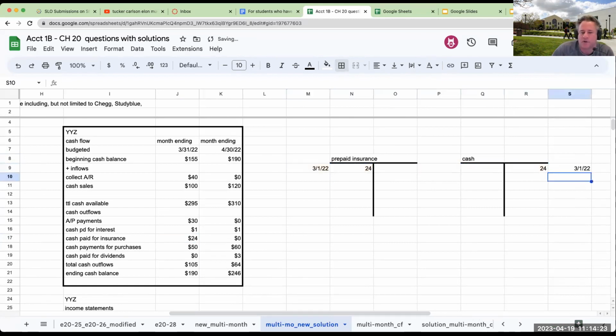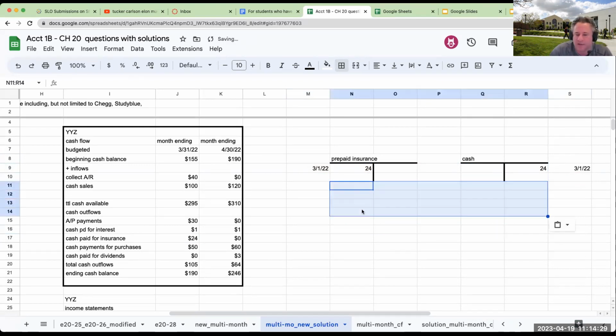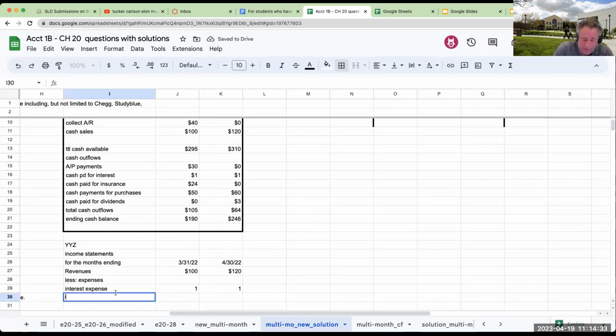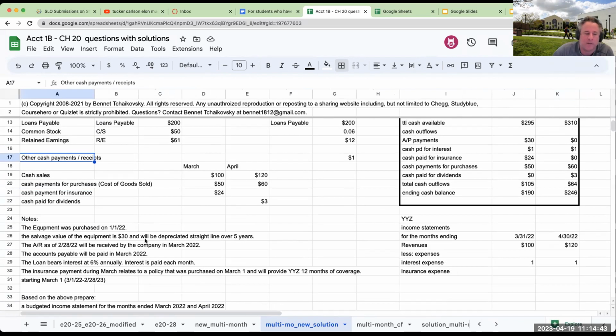And then this is also going to be March 1st, 2022. So very, very important. When you see this, do not assume that when I get to insurance expense, I'm just going to drop this number in. This is a prepayment, right? This 24,000 right over here is a prepayment of insurance.